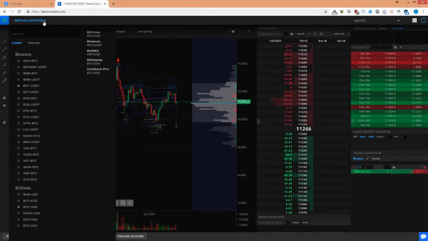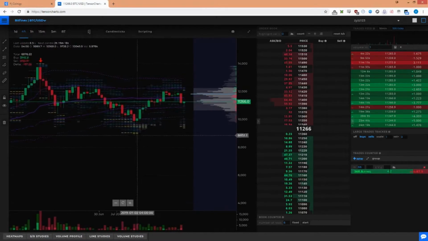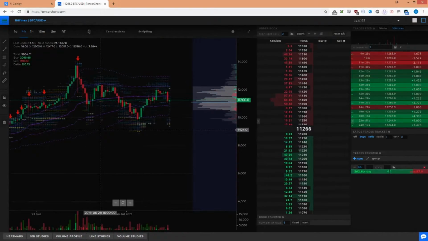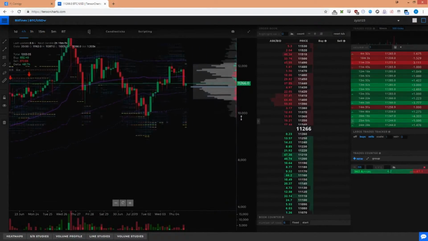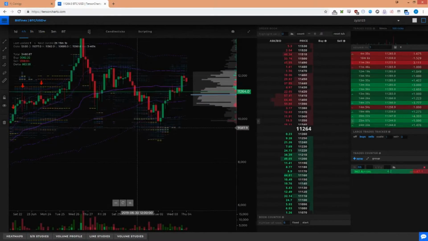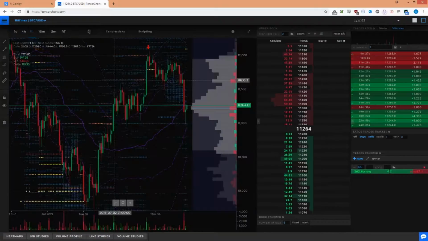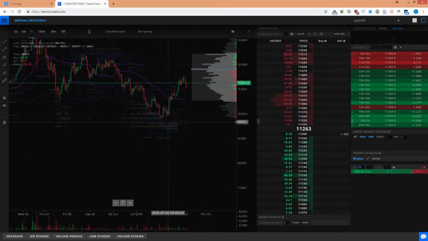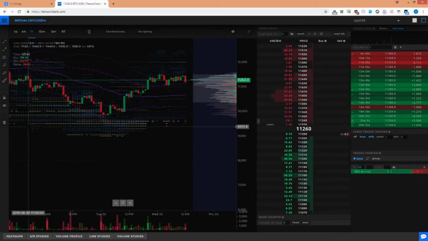Yeah, if there's lots of these lines in one area, it basically represents support and resistance. As far as I can tell, it's not as easily spoofed, because if you have the line over a period of time, that means somebody's leaving it open on the book, like this is over a day.